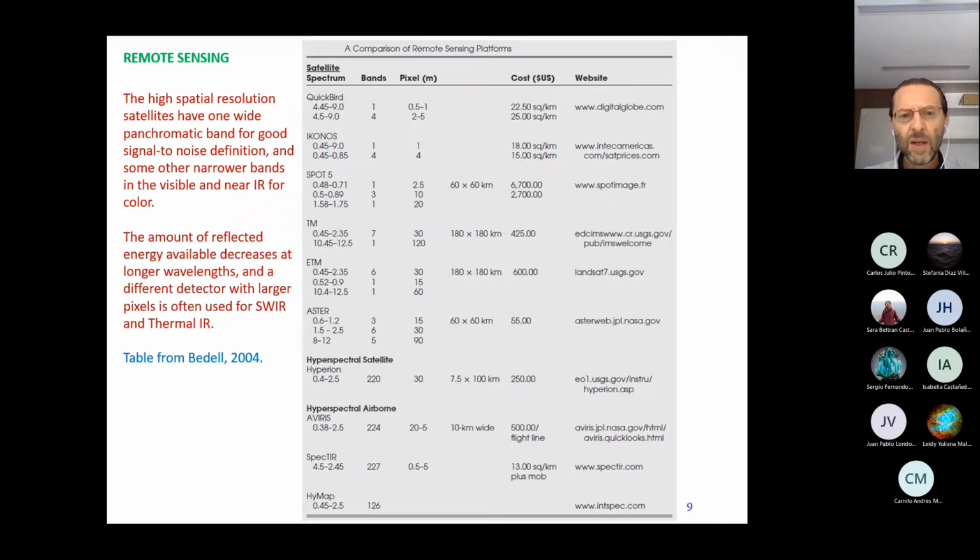What I want you to see here is the different ranges in the spectrum of the sensors.